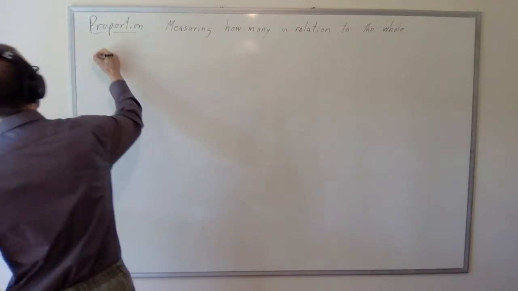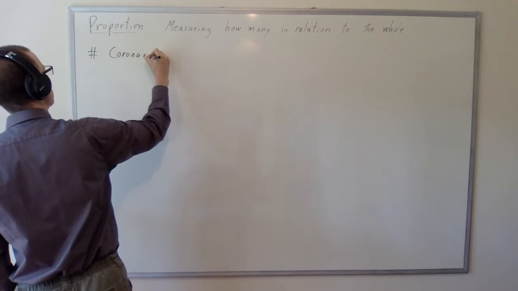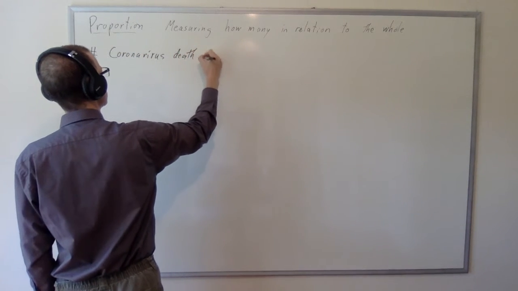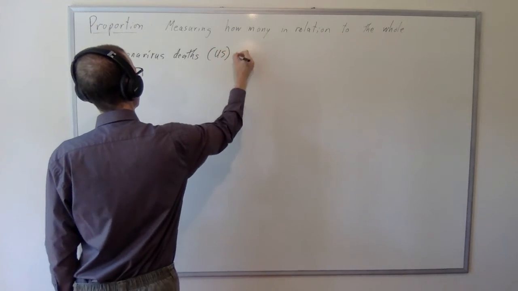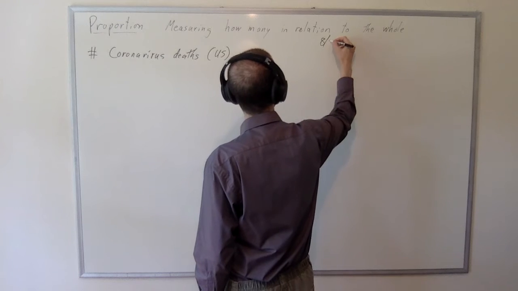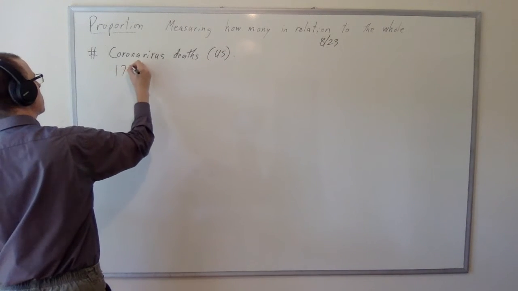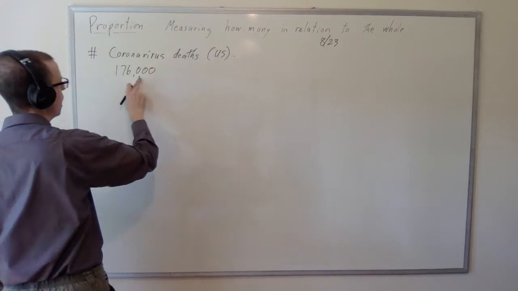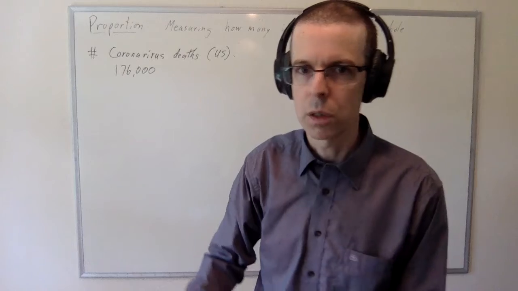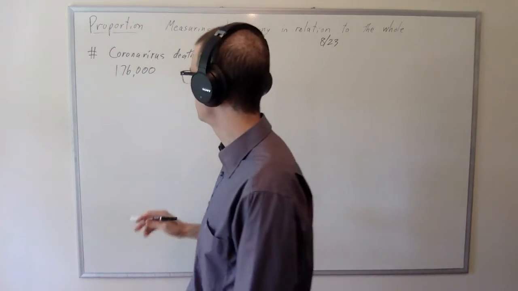So here we go. We have the number of coronavirus deaths, and I'm using US data here. Today is 8/23 for me anyway, and so this number is 176,000. That's approximate. We're not going to keep lots of digits of accuracy in either the number of deaths count or the population of the US.